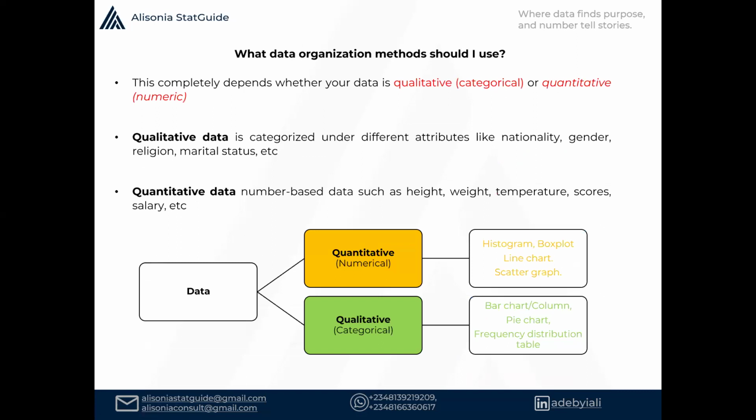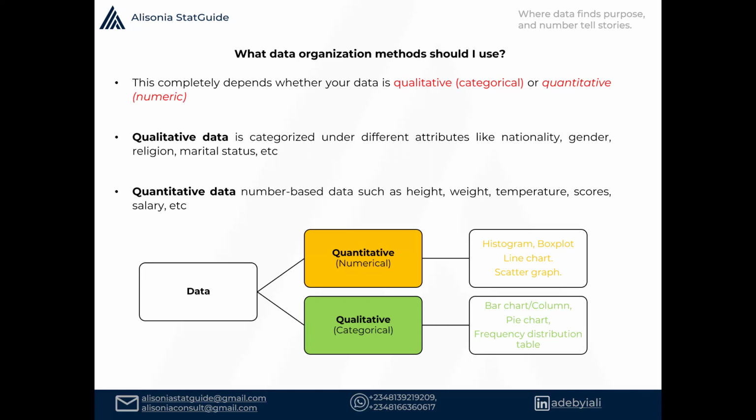This completely depends on whether your data is qualitative or quantitative. We talked about qualitative and quantitative data in the previous class, but we mention it again. That's why I told you yesterday that these videos are related. If you don't watch the previous one, you might not get the next one.